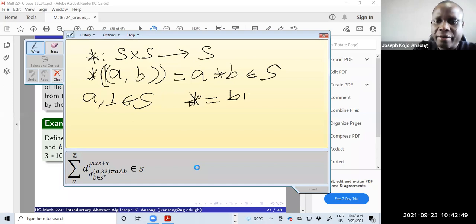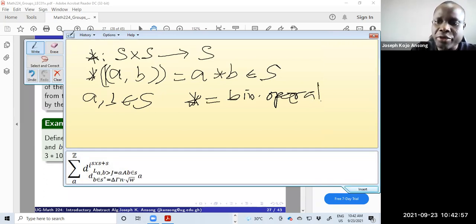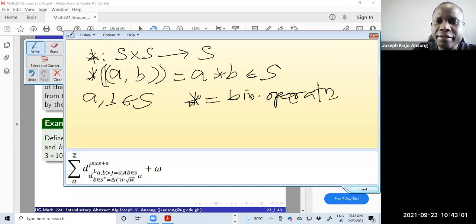Take note of that. Otherwise, star is not a binary operation.